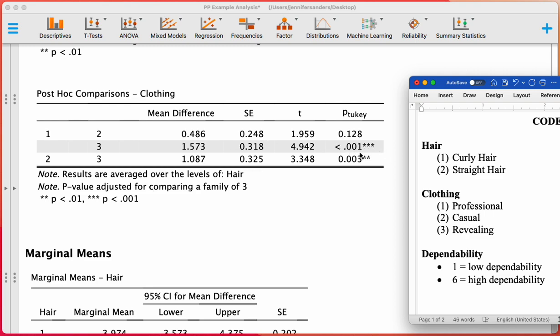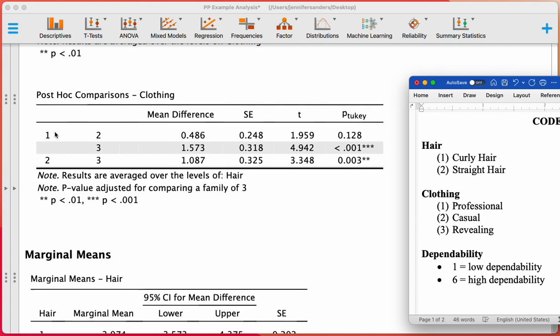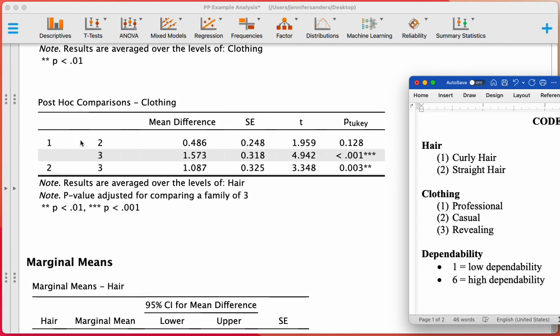So we do have 2 significant tests. The way you read this is the same as the hair, so there's an imaginary minus symbol here. So this is professional clothing minus casual clothing equals about 0.5, and that difference is not significant, so it's not a big enough difference to say that wearing professional clothing or wearing casual clothing indicates changes in dependability.